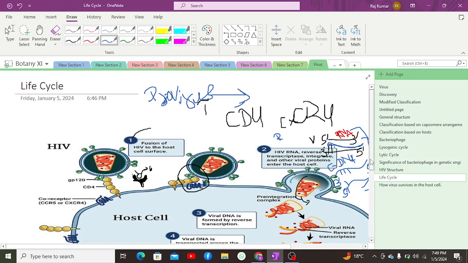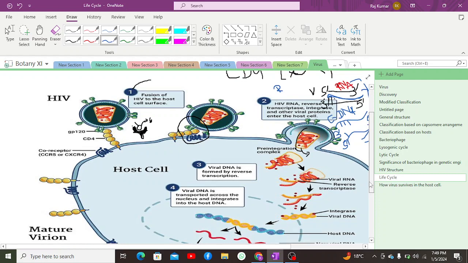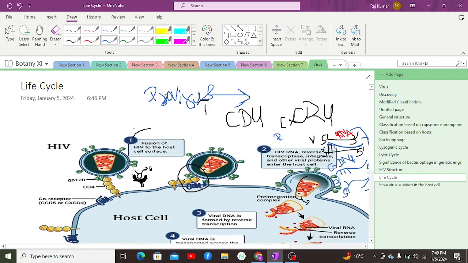One more thing over here: whenever the HIV virus is replicated, it does not have a proofreading system. Whenever we replicate eukaryotic DNA, it is proofread so that there are no chances of mutation left in the DNA. But when HIV replicates its DNA, it does not have such a system, which leads to mutations always.